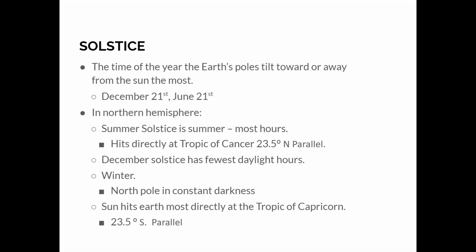And again, for the December solstice, the sun is hitting most directly at the Tropic of Capricorn, okay? So again, we have our winter solstice, which is December 21st, our summer solstice, which is June 21st, okay?